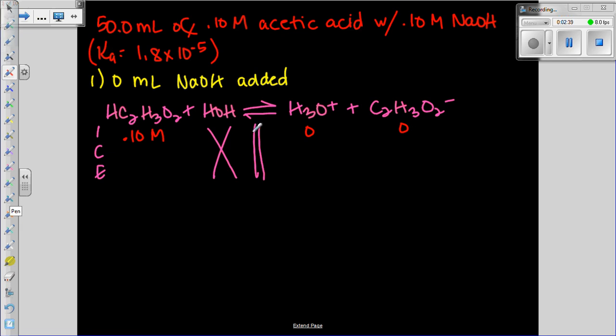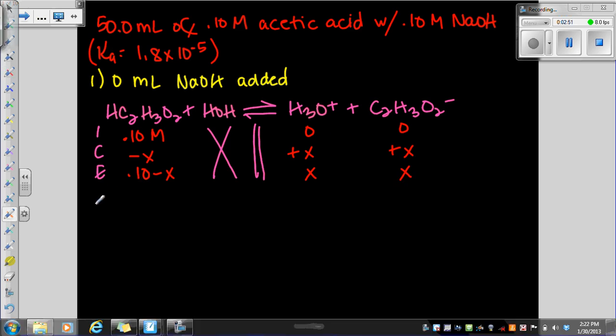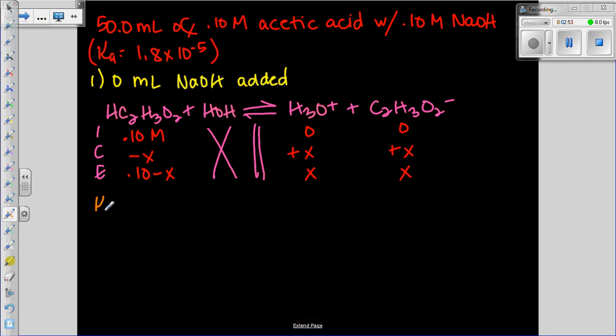Because I have the Ka, I know that my product side will go up by x, my reactant side will go down by x: 0.10 minus x, x, and x. So then I will say that Ka, which is 1.8 times 10 to the negative fifth, is equal to x squared divided by 0.10 minus x.